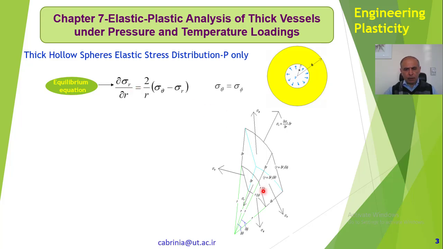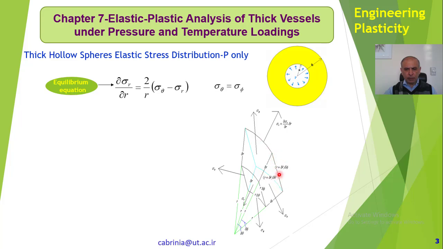Now, if we write the equilibrium for all these forces, for instance, in the r direction, we can write sigma r times this area, okay, which is r delta phi times r delta theta, that is the area, times sigma r, and this one is sigma r plus partial sigma r partial r delta r times the big area.